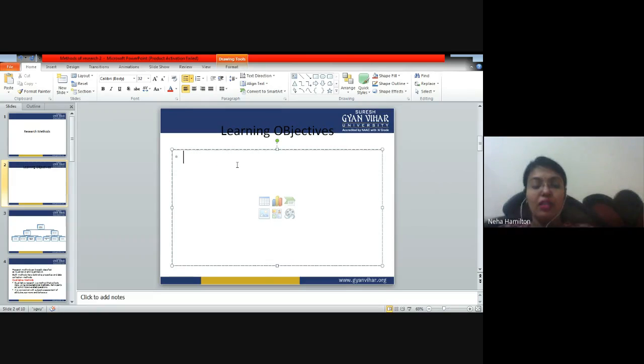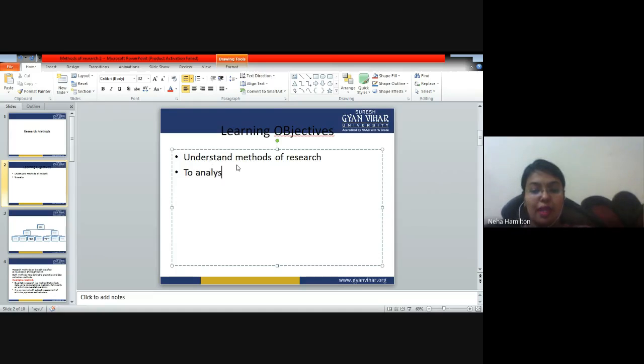The first and most basic objective of this slide is to understand the methods of research, and the second one is to analyze the best way of doing research. These are the two prime learning objectives that we are going to cover in this class.